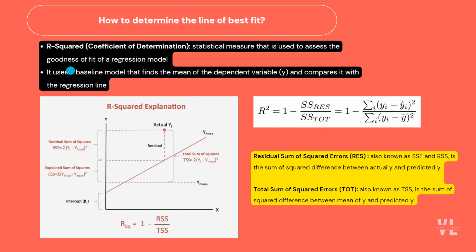So the main purpose of the R squared function is that it uses a baseline model that finds the mean of the dependent variable y and compares it with the regression line.